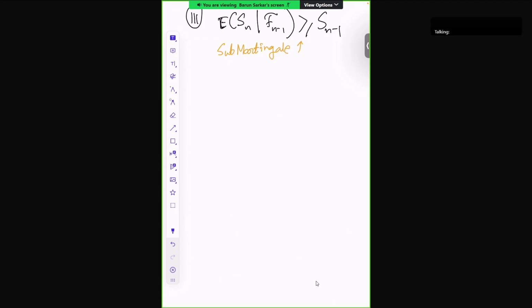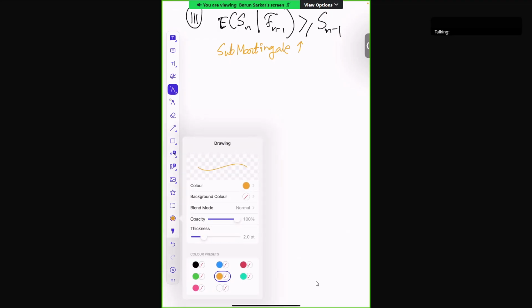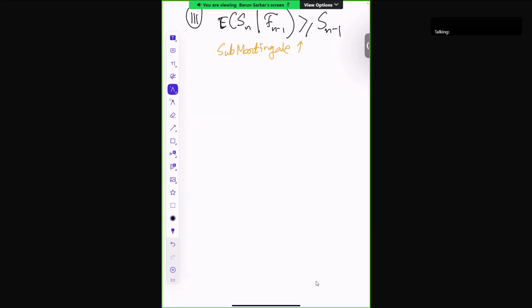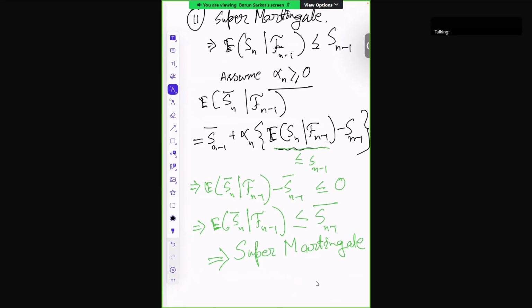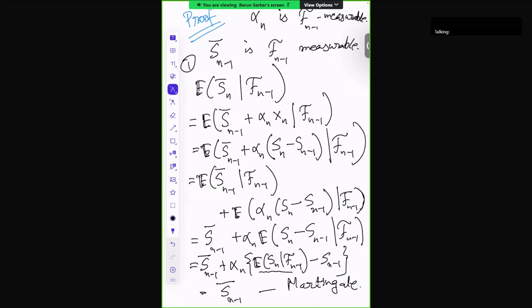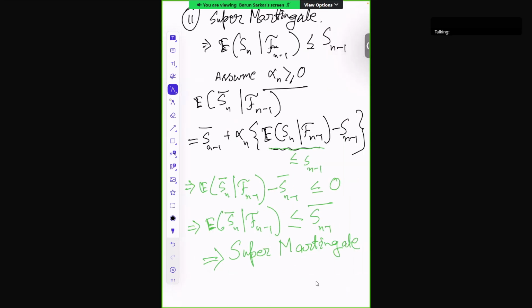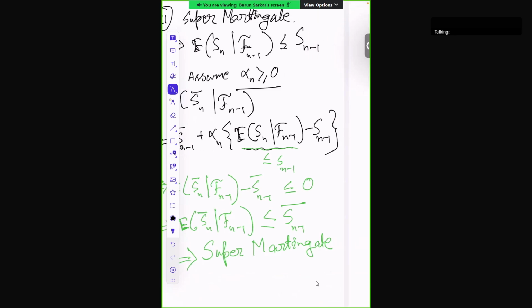Now we'll do the same calculation again. So the same calculation will come up to this last step.